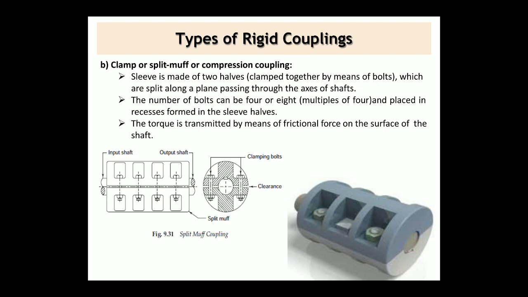The number of bolts can be 4 or 8. Basically, these bolts are multiples of 4 and they are placed in the recesses formed in the sleeve halves. The torque is transmitted by means of frictional force on the surface of the shaft.